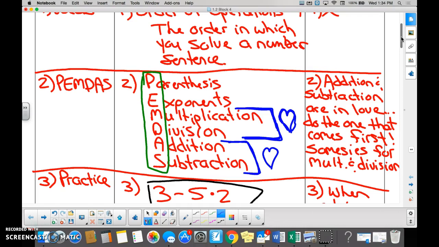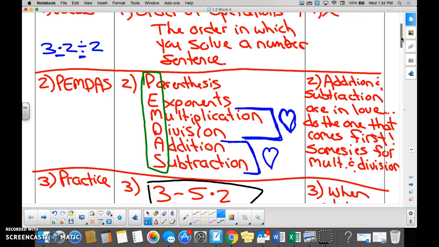Always? No. So if multiplication and division are in love, let's say we have a problem like 3 times 2 divided by 2. Which one should I do first, Nurjit? Multiplying or dividing? Multiplying. Why should I do multiplying first? Because it comes first.